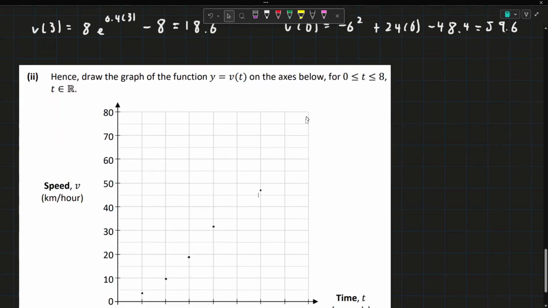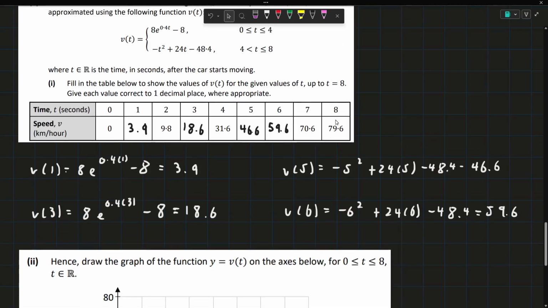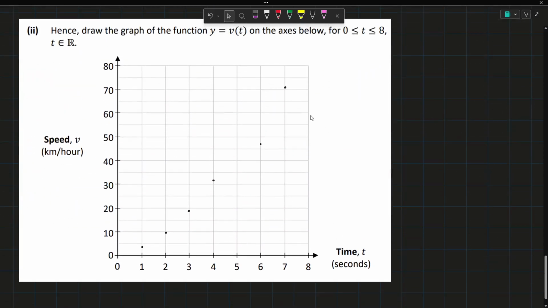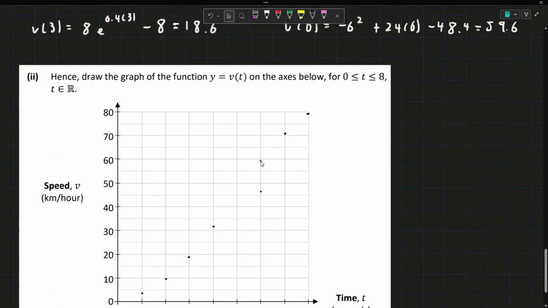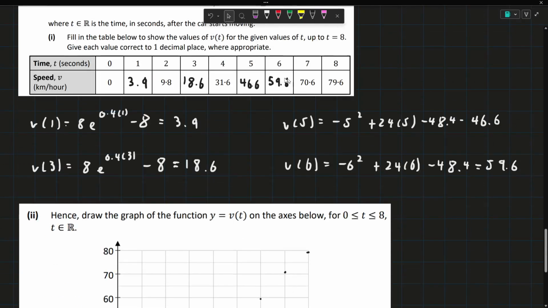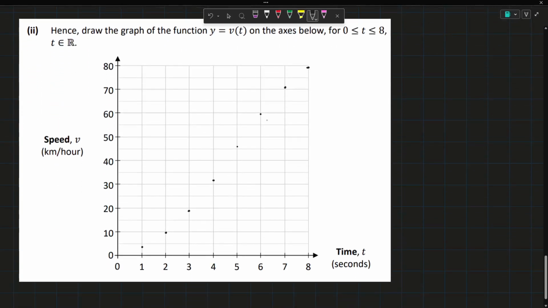For 7, we have 70.6, so it's going to be barely above 70, but not really noticeable. And then we have 79.6 for 8, so 79.6 is going to be just there. Sorry, I skipped a point there. 6 should be just under 60, roughly there, and 5 is 46.6. My apologies, that should be roughly here.